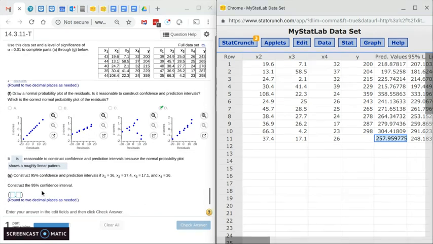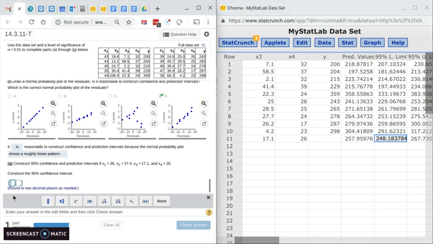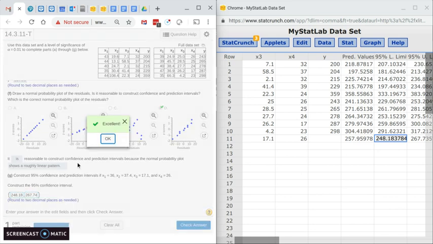And now to construct a confidence interval, I just put this into 2 places: 248.18 and 267.74. I check it. That ends up being right. Remember what that means, right?